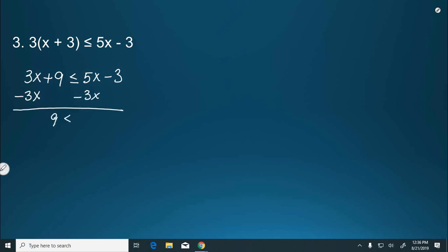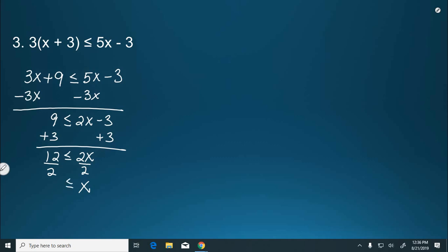So 9 is less than or equal to 2x minus 3. Add 3 to both sides. 12 is less than or equal to 2x. Divide by 2. And 6 is less than or equal to x. I'm going to flip that around, so x is greater than or equal to 6.